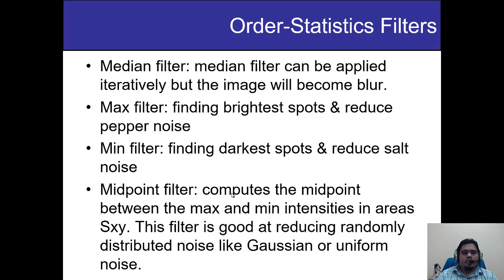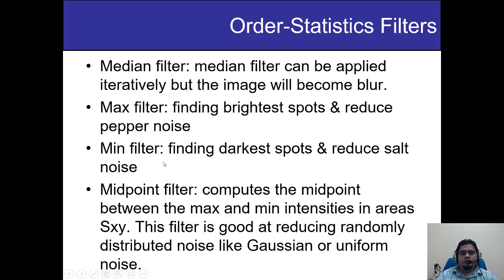Of course, this one also we have discussed before. The median filter can be applied iteratively, and it is good for salt and pepper noise. The max filter is good in reducing the pepper noise, and the min filter is good in reducing the salt noise. This was discussed in the previous chapter.